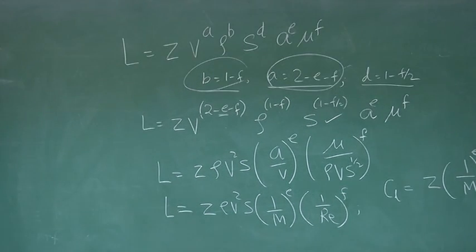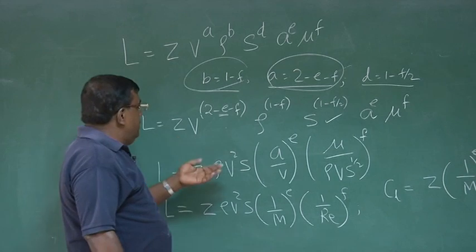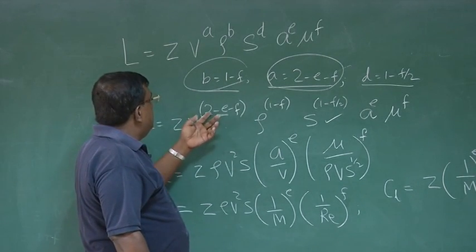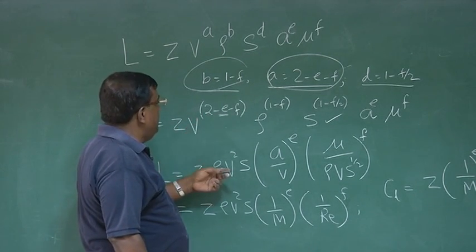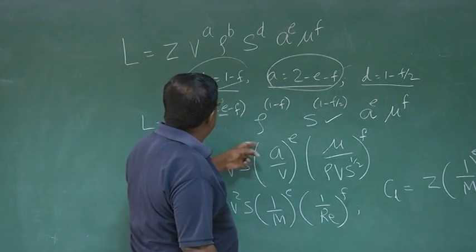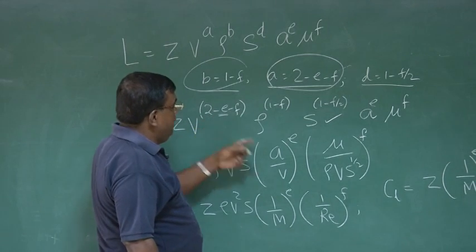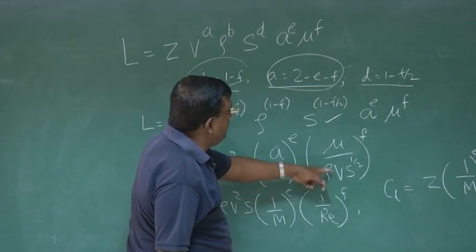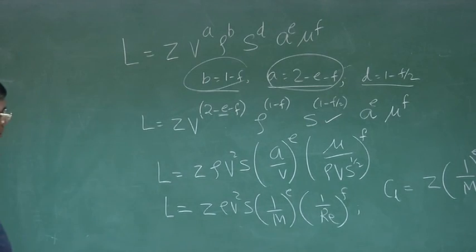Okay? I hope you will be able to get this expression. If you need more help, as I explained here, v square has come from here, a to the power e was already here, and v to the power minus e was here, so a by v to the e. Similarly, you get mu by rho v s half to the power f.